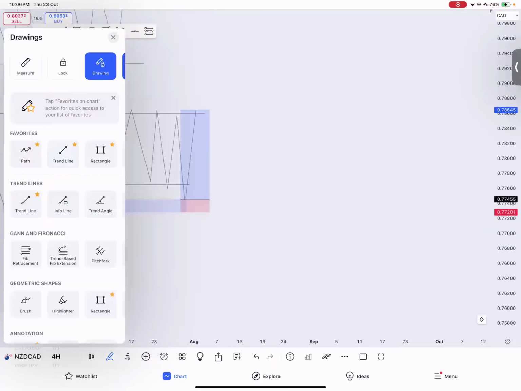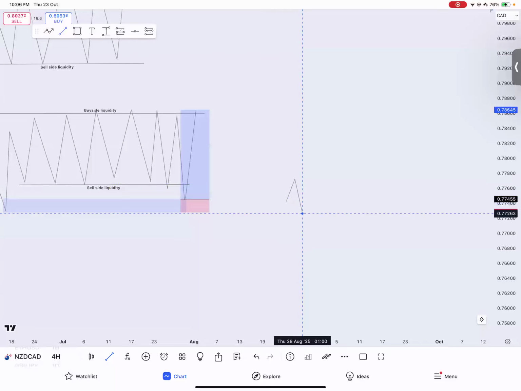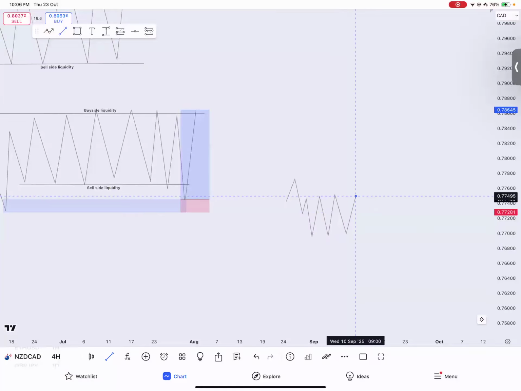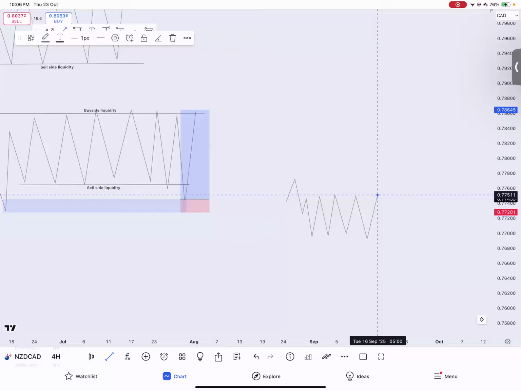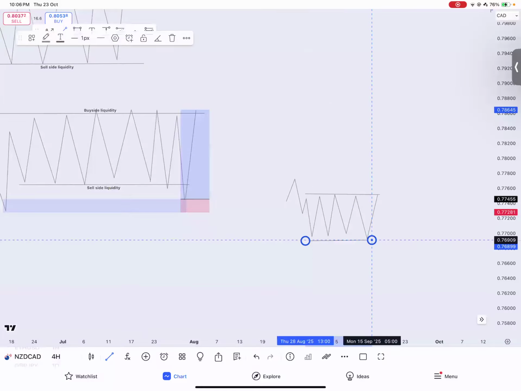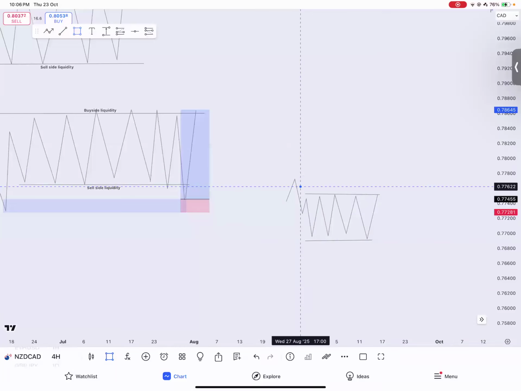Then same thing, if market is bearish, get the structure shifts, then market gets inducement and price will start ranging. Now, this is buy side liquidity on the upside, sell side liquidity on the downside. And our point of interest will be the order block here.